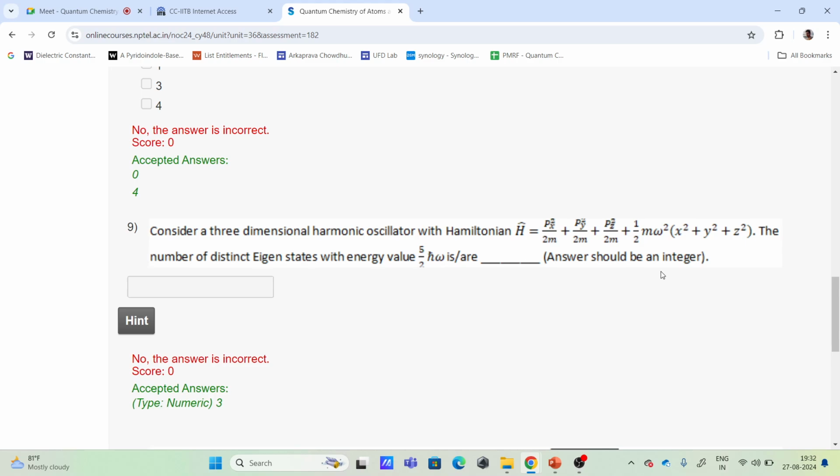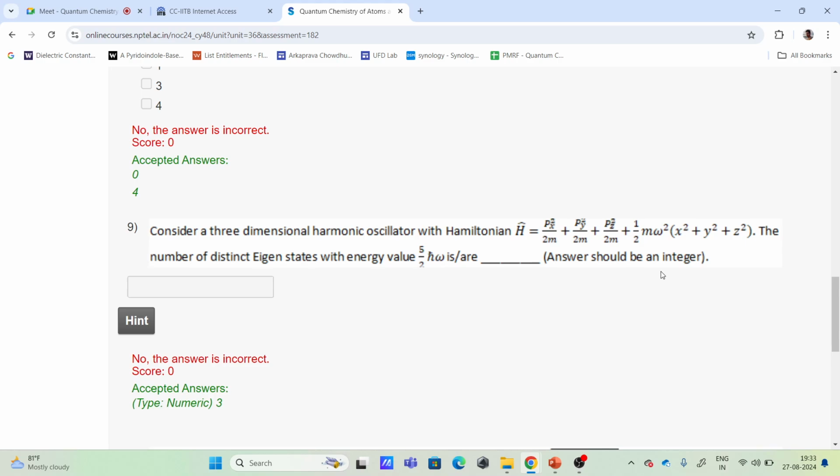So the question says, consider a three-dimensional harmonic oscillator. The Hamiltonian is given as H cap equals px square by 2m plus py square by 2m plus pz square by 2m, where p is obviously the linear momentum operator, plus half m omega square in parentheses x square plus y square plus z square.